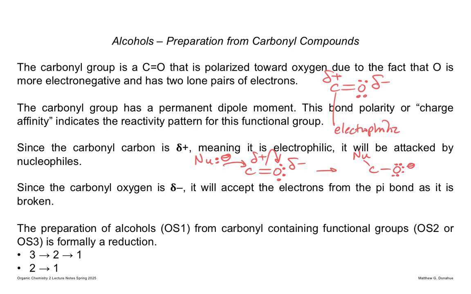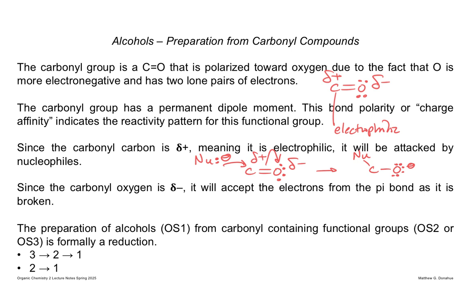Or we can take aldehydes and ketones, reduce them to alcohols. And then within that, based on what functional group you're starting with, you'll end up with a very specific class of alcohol. So you can memorize that, or it's kind of intuitive based on the carbonyl group you're starting with.